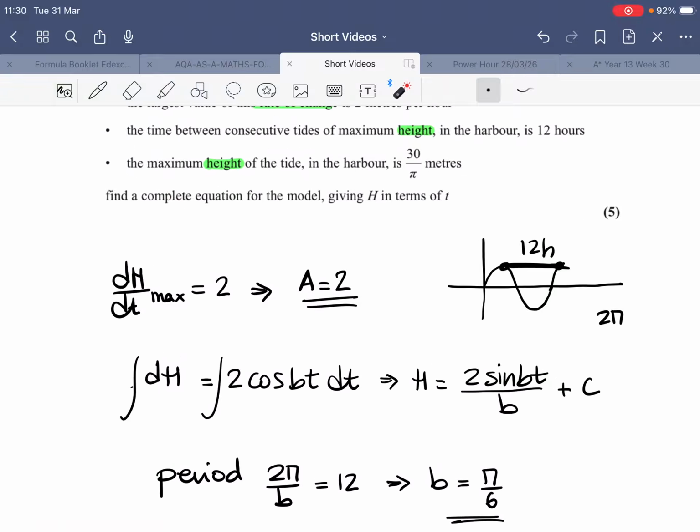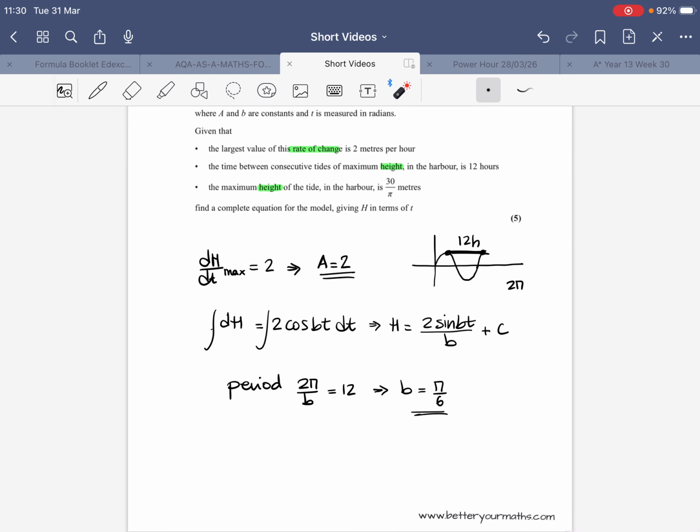And we are going to use the last piece of information. The maximum height is 30 over pi. So the maximum height, 30 over pi, is 2 times sine of pi over 6 t, divided by pi over 6, plus c. Maximum is going to be when the sine is 1.